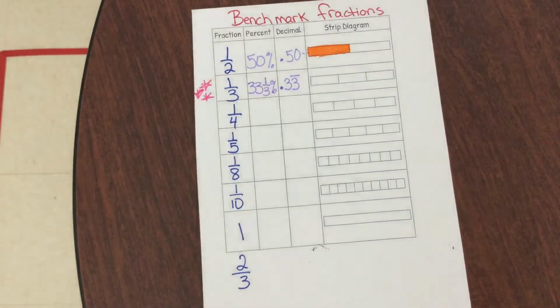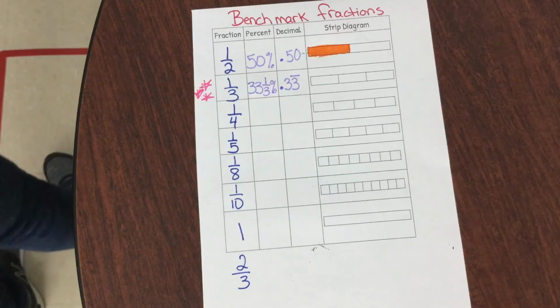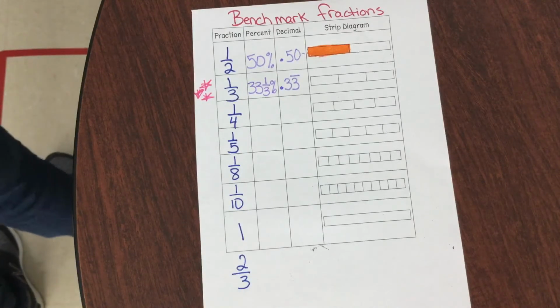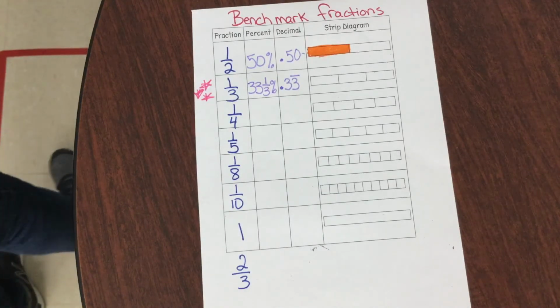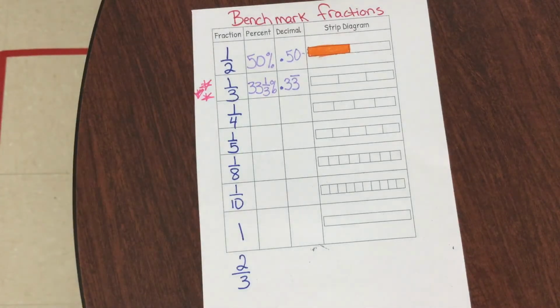And the reason why we can't just say it's 33% is, again, that says that it ends. We have to be very, very precise, because percents have to be very, very precise. So to be precise, we have to put that 1/3 in there. It's really not hard. I just have to memorize that.